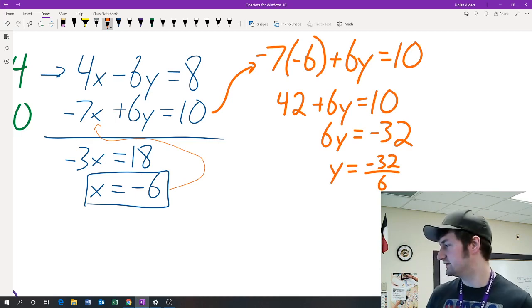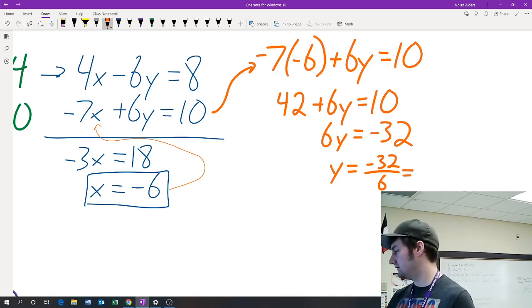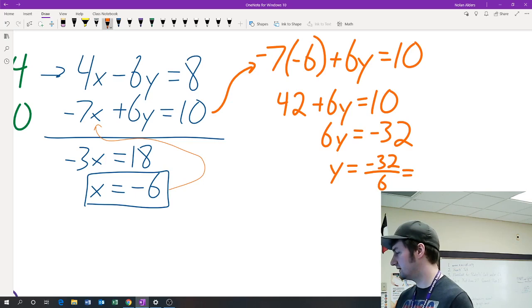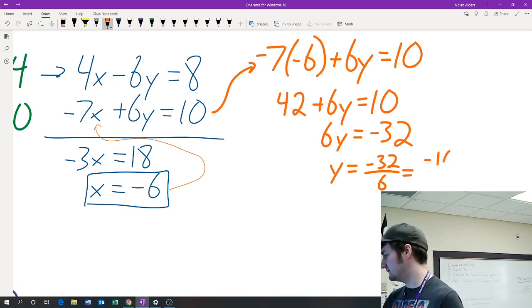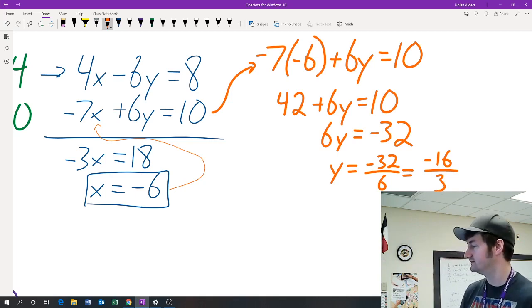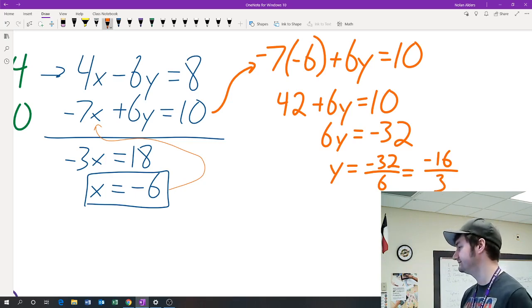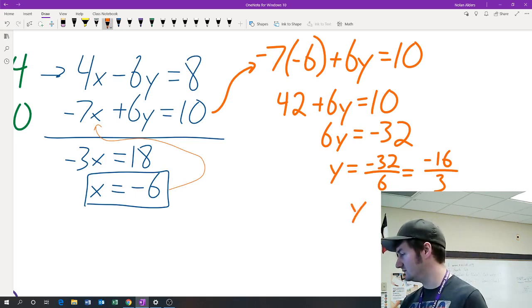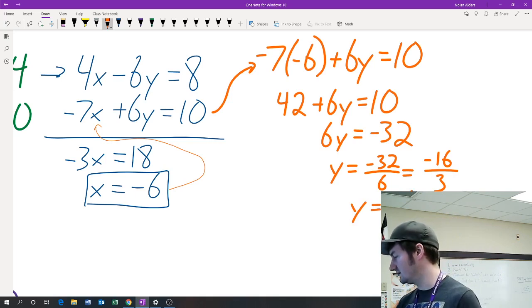Now we can simplify this just a little bit. We can simplify it by dividing both parts of the fraction by 2. So we can get negative 16 over 3. I don't think it's going to simplify anymore. So our final form can be negative 16 over 3.